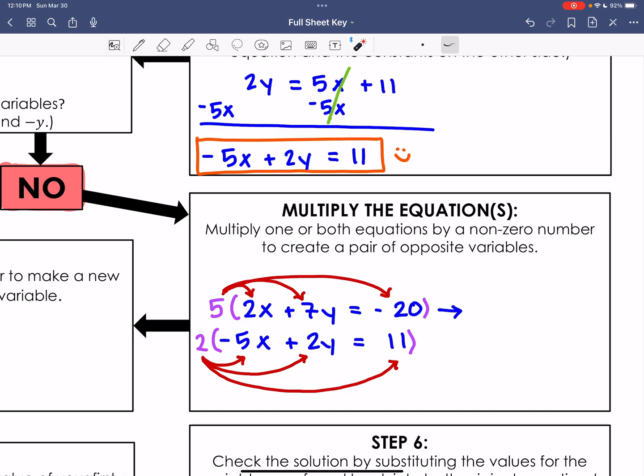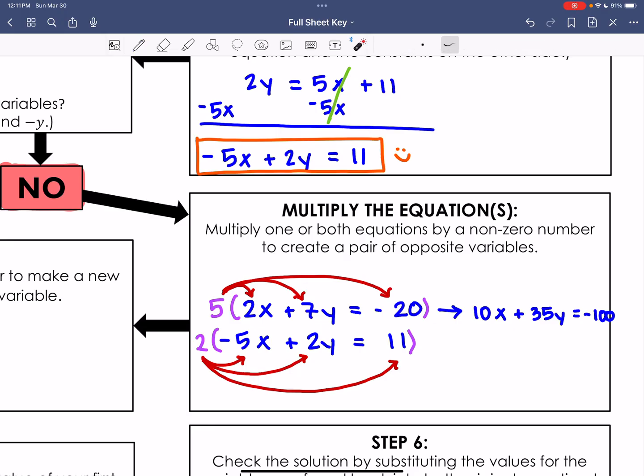Our first one is 5 times 2x, which is 10x. Now we'll have 5 times 7y. That's positive 35y. And then 5 times negative 20 is negative 100.